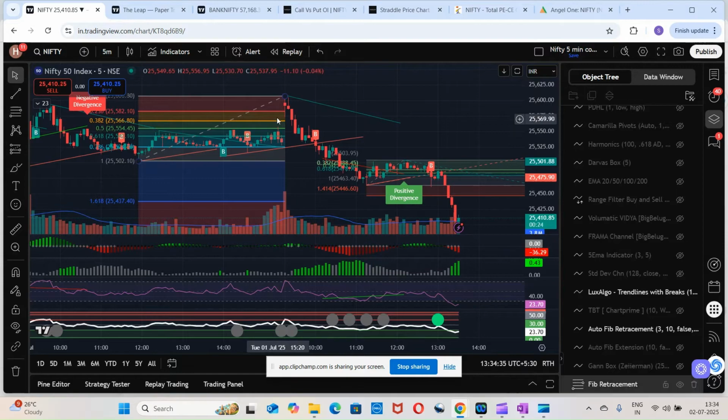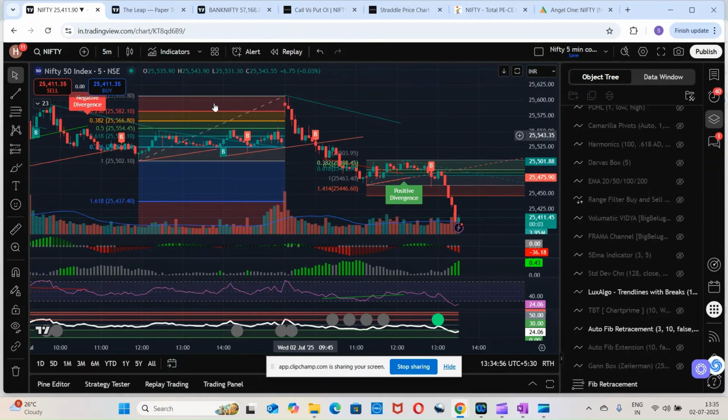This range between 0.382, 0.5 and 0.618 is called the golden range, or golden box. So either you could enter here at the 0.382 break, or you could enter here at the 0.618 break, and you see this is a beautiful move.